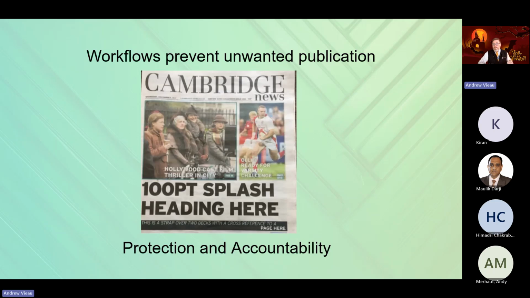But beyond preventing accidents, workflow ensures that content is validated by QA or QC or a legal department or any number of different audiences. Until it's validated, that content absolutely cannot go live until it's received proper approval. So workflows add a layer of protection and accountability that keeps your content teams aligned and confident in what is being published.